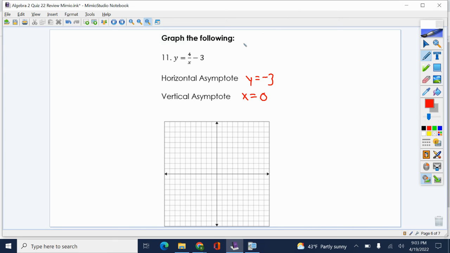Let's see, as far as transformations go, this 4 up top would be a vertical stretch by 4, or a factor of 4. The -3 takes this graph and translates it down 3. Graphing this, I'm going to dash each of the asymptotes.